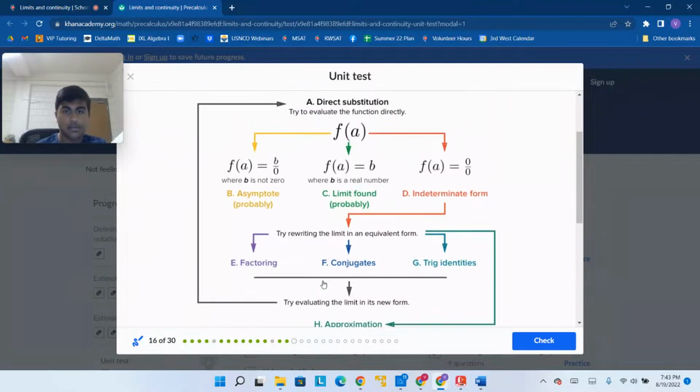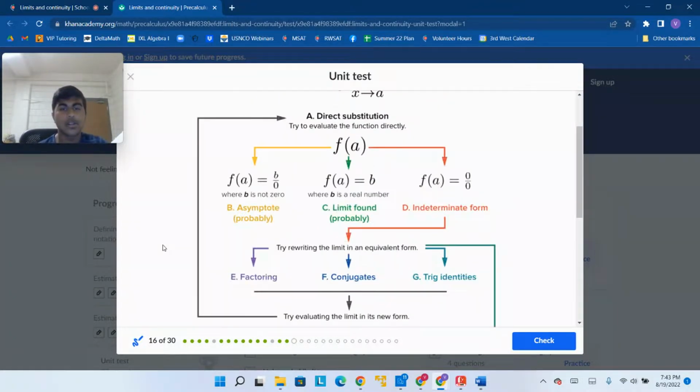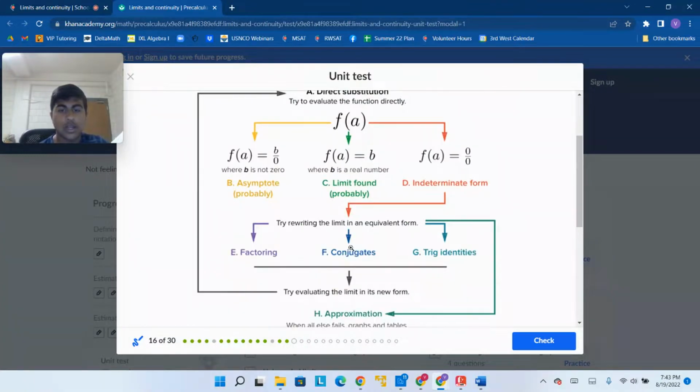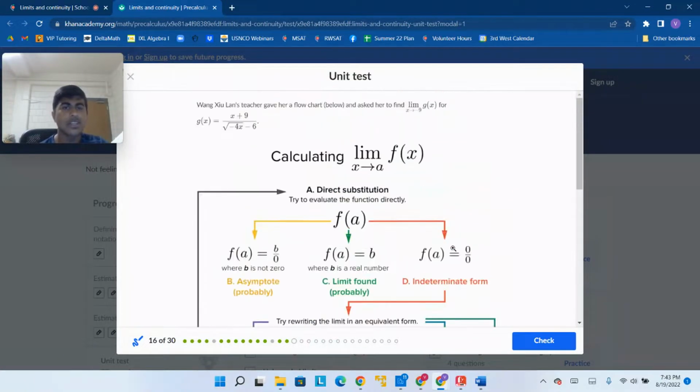All right. Trig, factoring, conjugates, or trig identities. When you learn calculus, you'll learn about L'Hopital's rule. Extremely helpful. Remember it, but not now because we haven't gotten there yet. So what are we going to do? Can we do trig identities? We don't have trig. Conjugates, we could do a conjugate. If we multiplied by the square root of 4x plus 6, then on the bottom we'd end up with -4x minus 36.